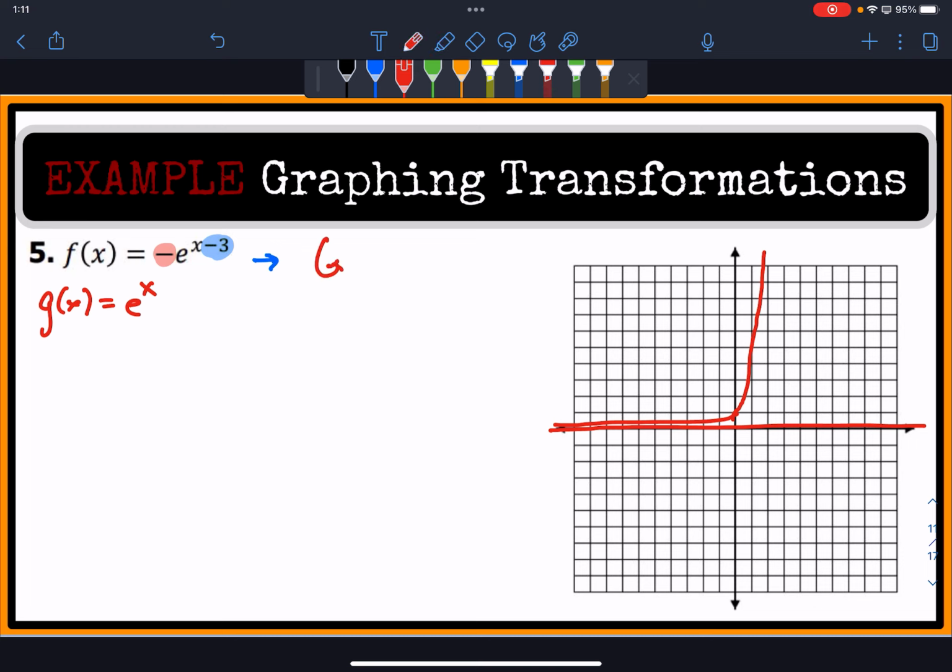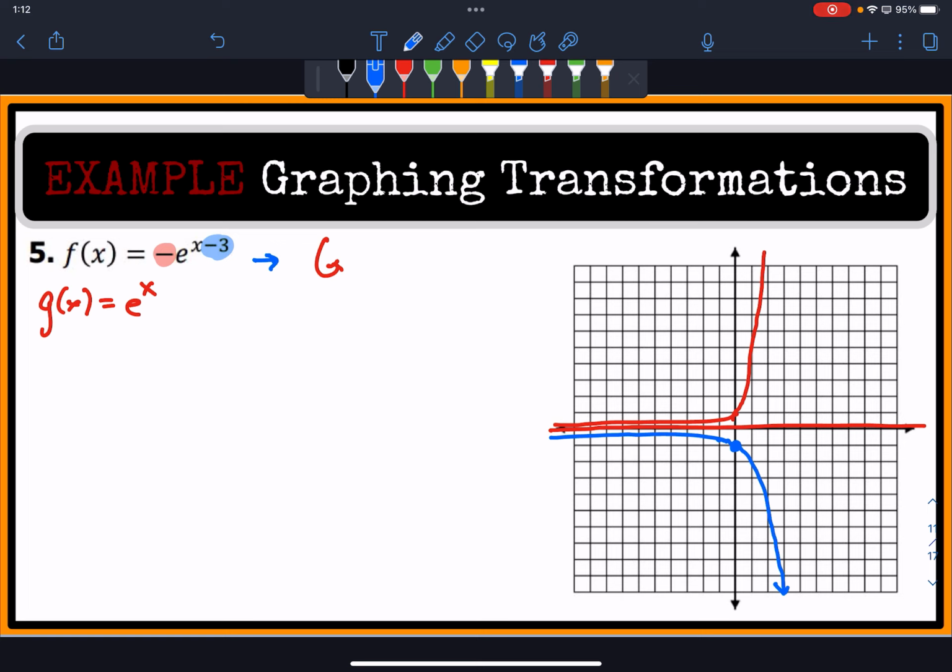So we're going to do those two things. We can start by flipping it and then moving it. So if I flip it upside down, instead of crossing the y-axis at 1, we're going to cross the y-axis at -1. But that only does one transformation, okay? That only flips it upside down because of the negative sign. That's going to reflect it across the x-axis.